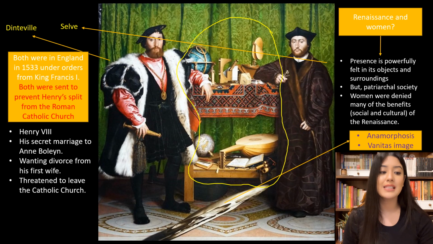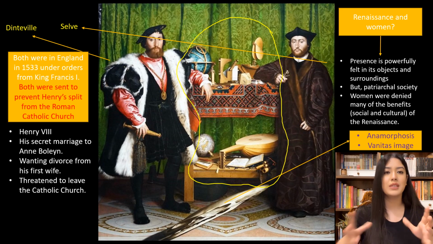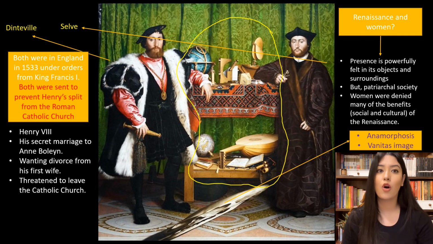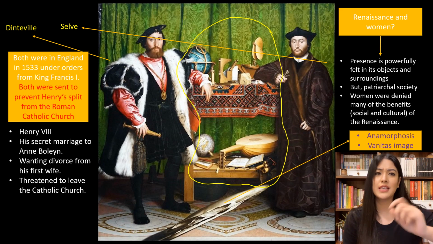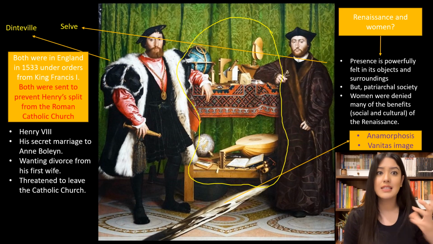So this is known as anamorphosis, a technique used by many Renaissance painters, where, from different angles, you can make out that it's an object. So here also, if you see from a particular angle, you can clearly see that it's a skull. Okay, so some people say it's anamorphosis, and others say that it's a vanitas image. I think you've seen this still life painting.